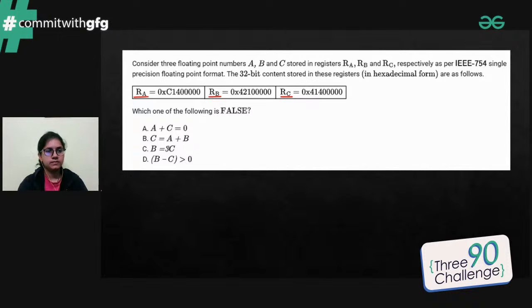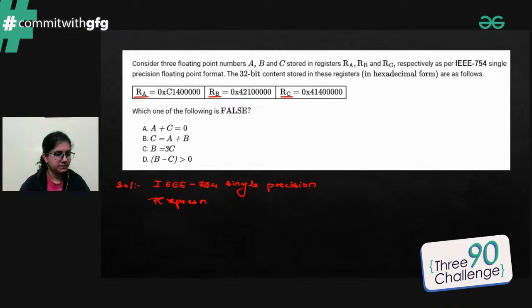Yes, the sign bit is one bit, but what about the exponent and mantissa? Yes, absolutely correct. The exponent is 8 bits and the mantissa is 23 bits.